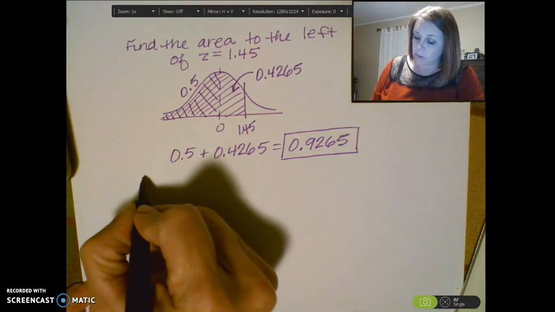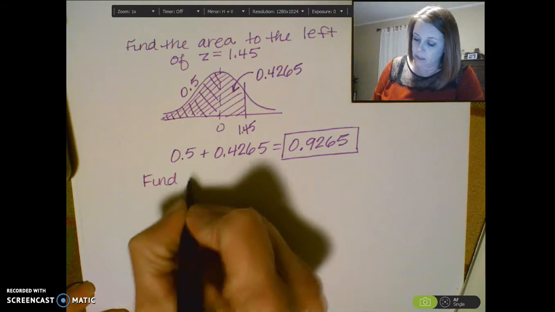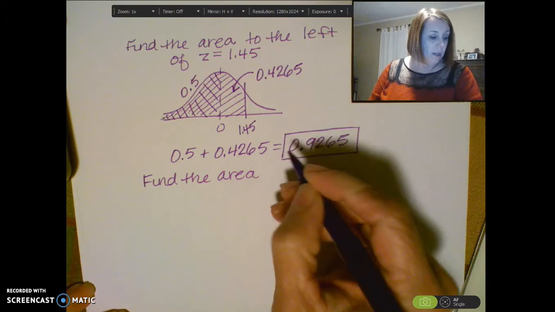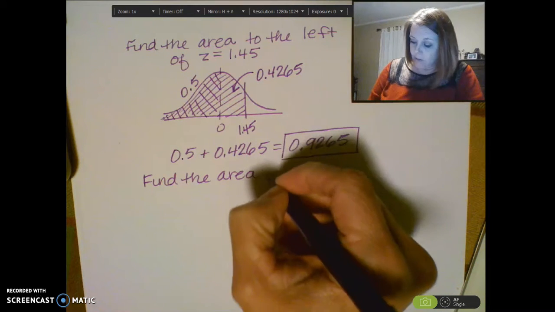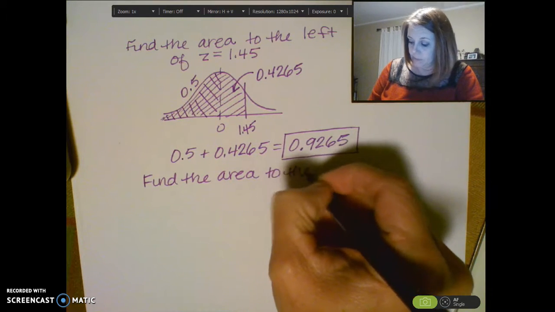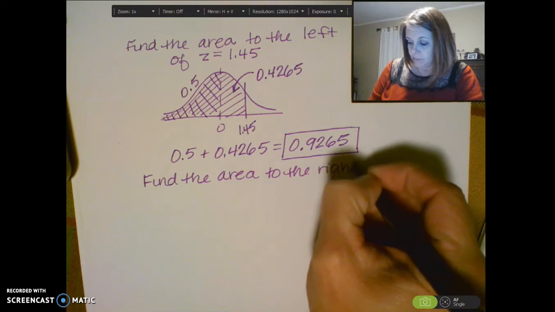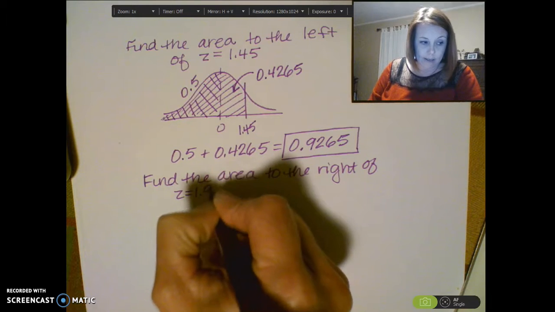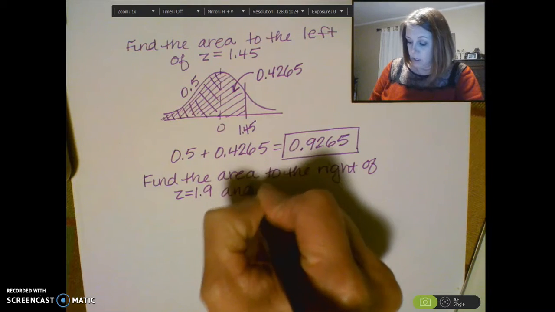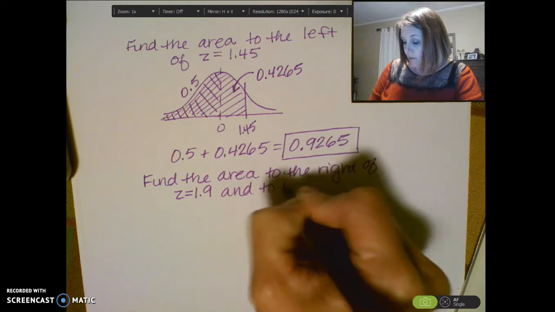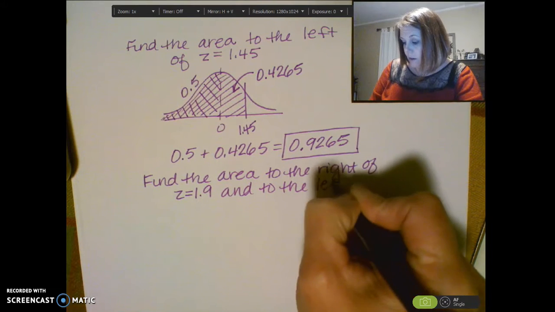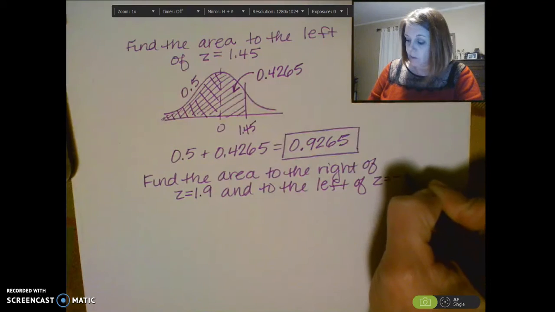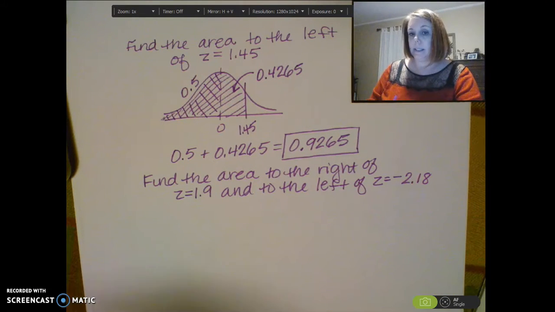So here it will look something like: find the area to the right of z equals 1.9 and to the left of z equals negative 2.18.